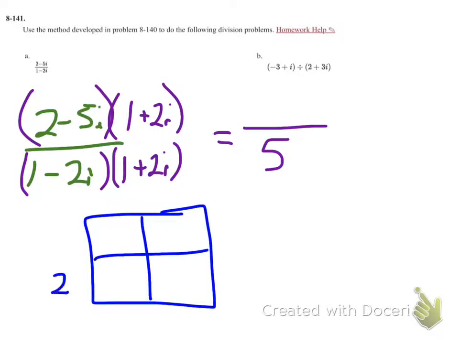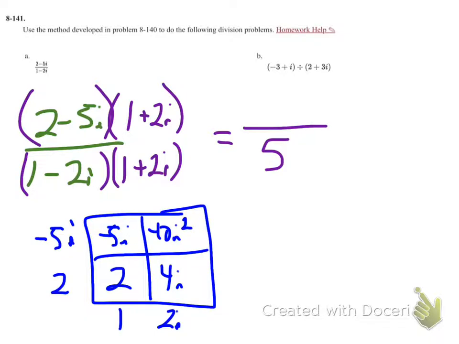So now I have 2 minus 5i and 1 plus 2i. So I get a 2 here, a negative 5i, positive 4i, and then the top right box, a negative 5 times 2 is a negative 10, and then I get i squared. So negative 10 times i squared, which is negative 1, so this top box ends up being positive 10.